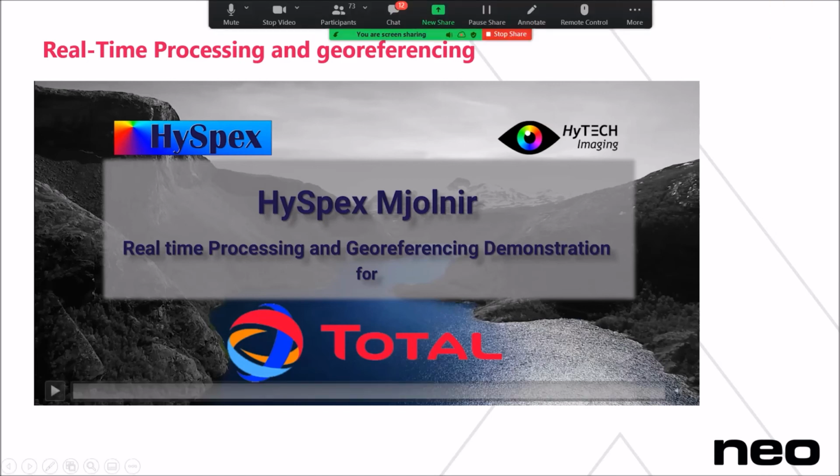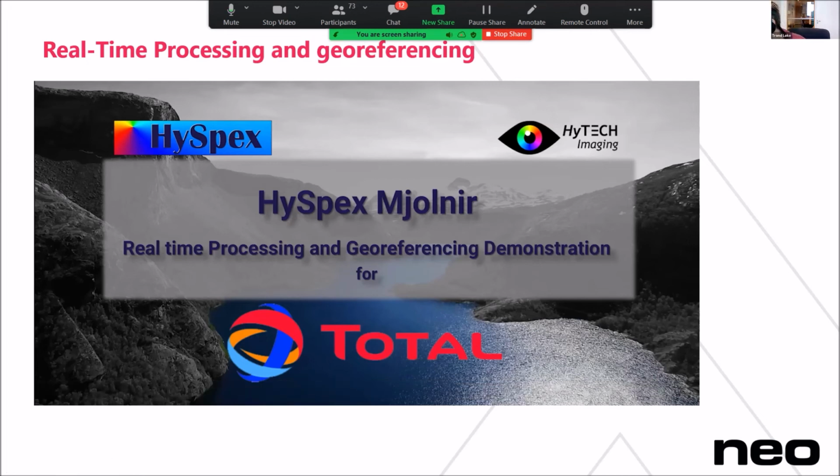A lot has happened when it comes to processing power, and now you can do the same with a compact GPU inside your UAV platform, which is what we're doing here.